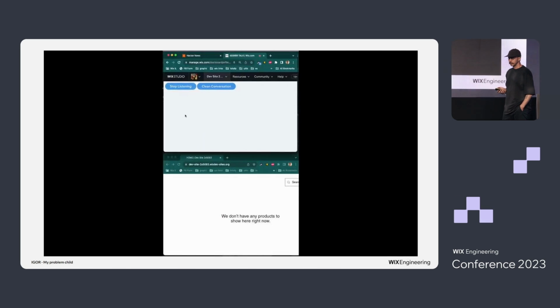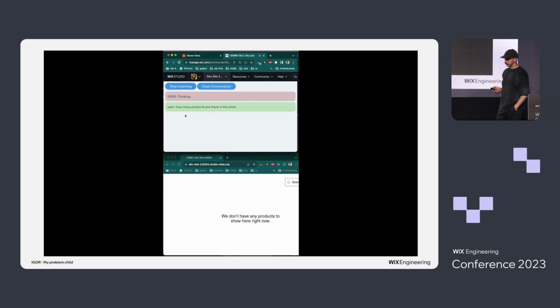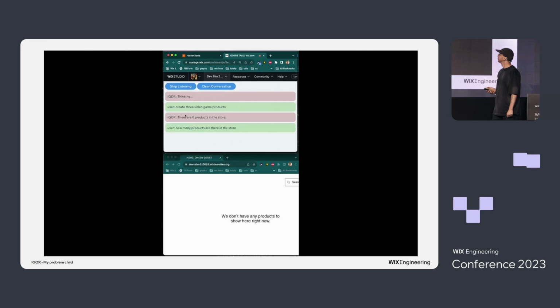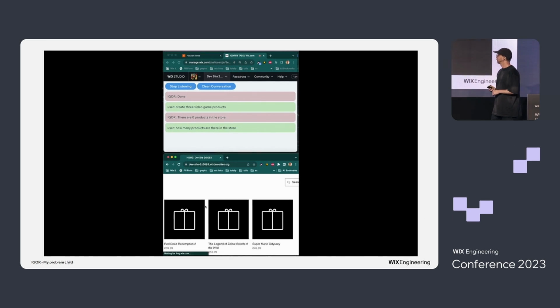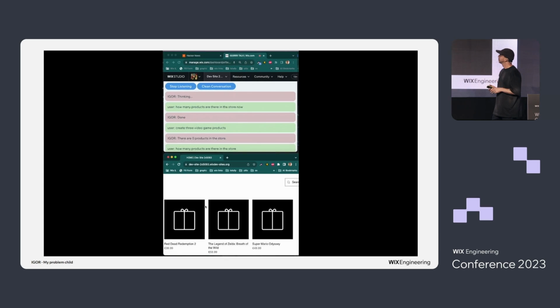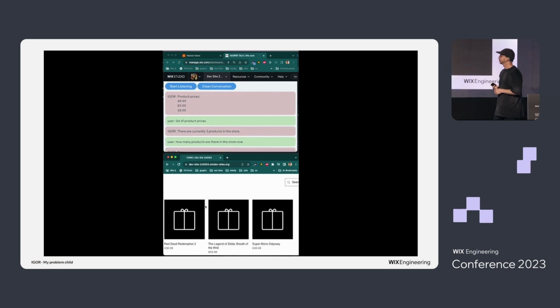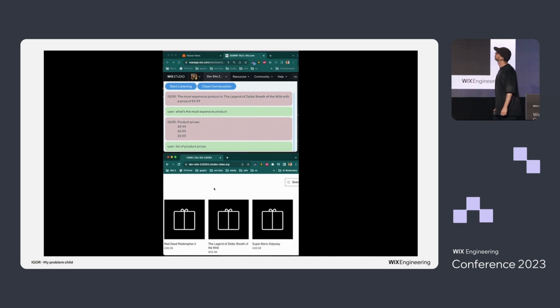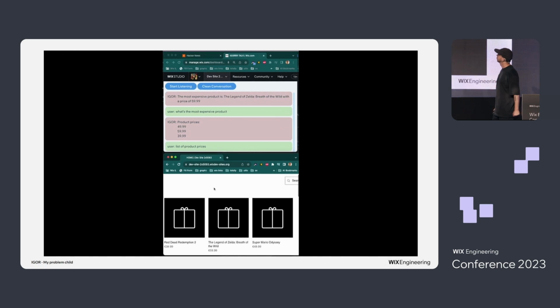How many products are there in the store? There are 0 products in the store. Create 3 video game products. Done. How many products are there in the store now? There are currently 3 products in the store. List the product prices. Product prices, 49.99, 59.99, 39.99. What's the most expensive product? The most expensive product is The Legend of Zelda, Breath of the Wild, with a price of 59.99.